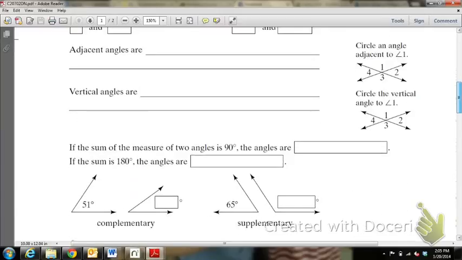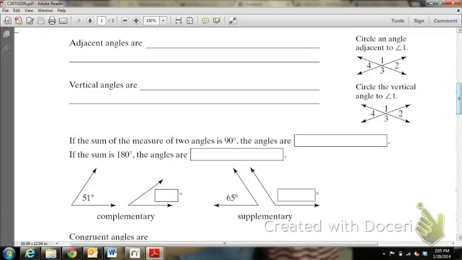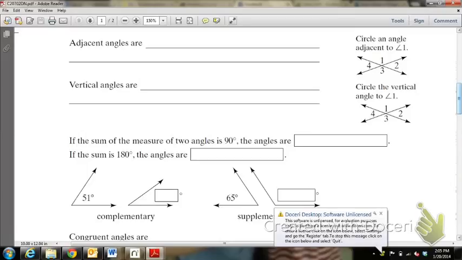Now, types of angles, as we put them together, are going to be adjacent and vertical. Now, adjacent angles are, they share one ray. They're next to each other.